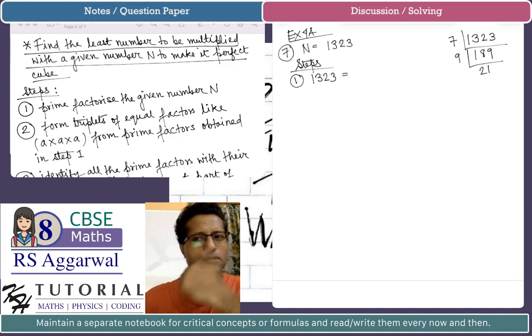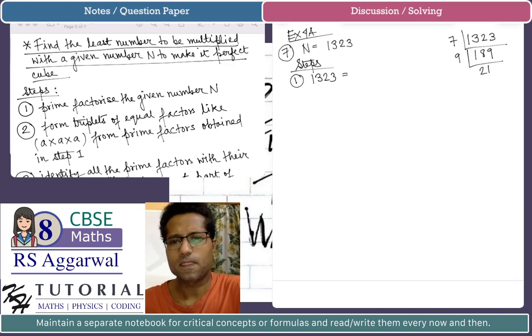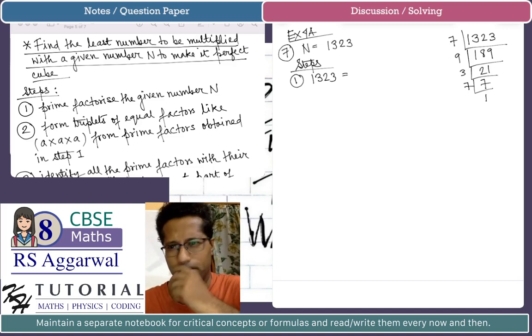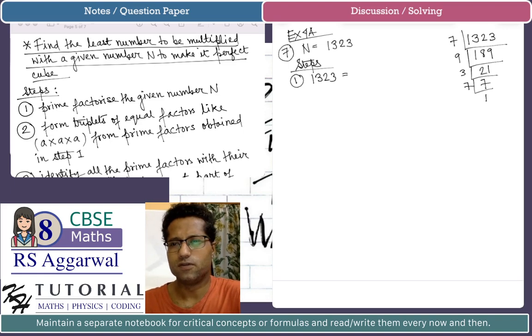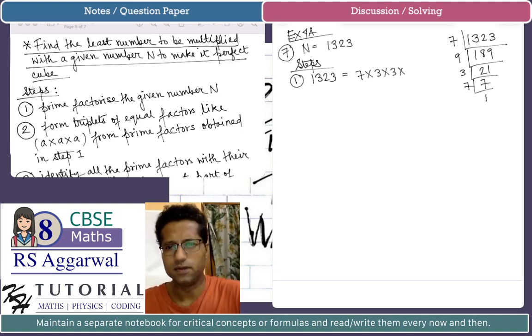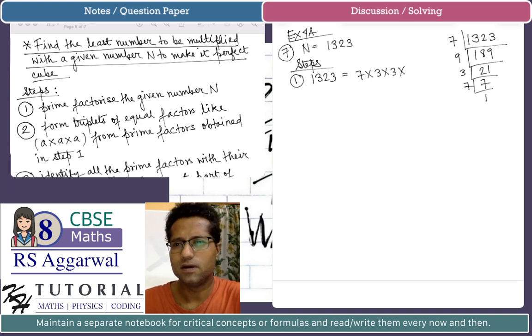Okay. So I can see that even though 9 is not a prime factor, I hope you will understand. Basically the prime factors are 7, 9, which I can write as 3 into 3 into 3 into 3, and then we have again 3 and 7.